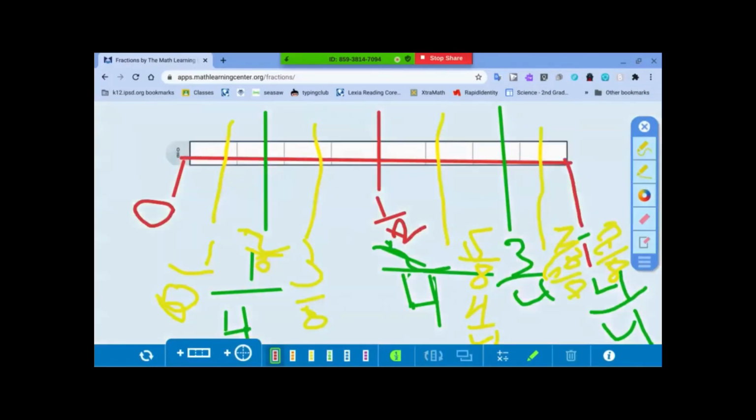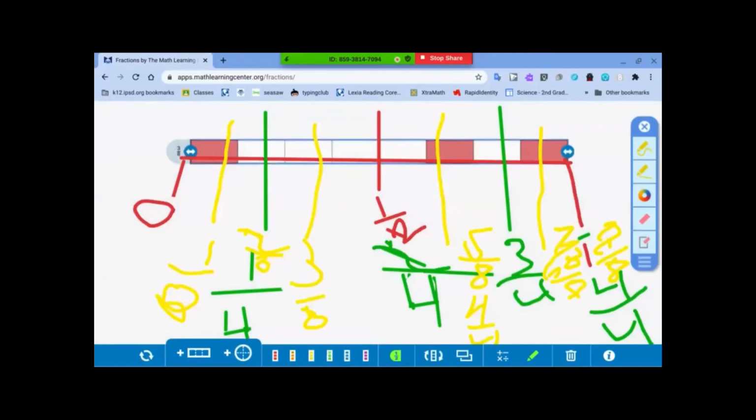There you go. That's 1/8. Now color in 1 whole. Is that the same? No. Okay. So you can get rid of that if you want, or you can leave it.